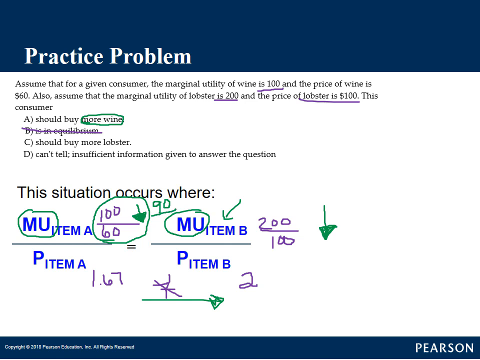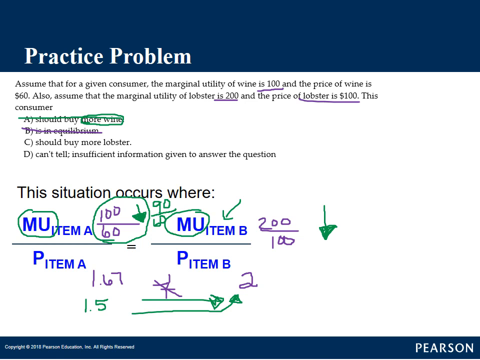So if we do 90 and the price stays at 60, 90 divided by 60 is 1.5. Does 1.5 draw us closer or further away from the number 2? Well, it draws us further away. 1.67 is closer than 1.5, so it drew us further away. So the answer is not that we should buy more wine.